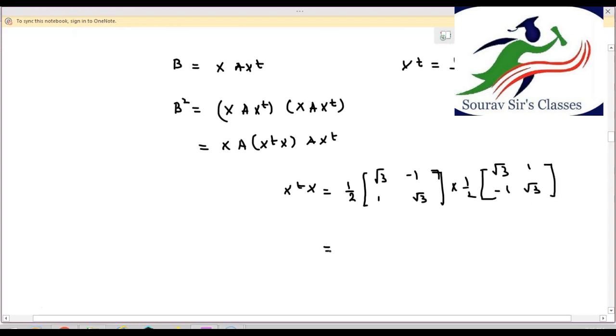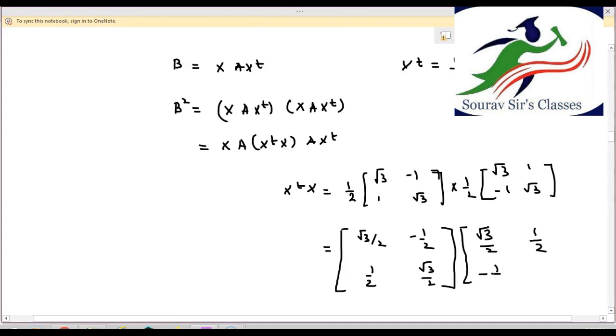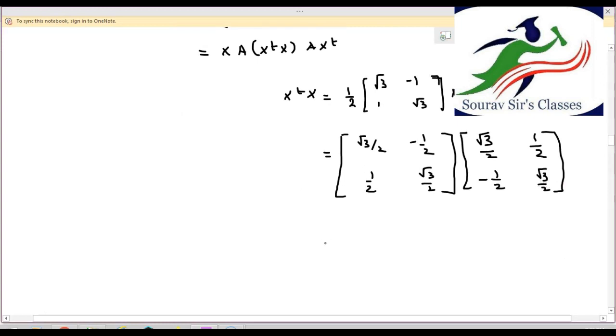So I can write it as [[√3/2, -1/2], [1/2, √3/2]] times [[√3/2, 1/2], [-1/2, √3/2]]. So we have to multiply.